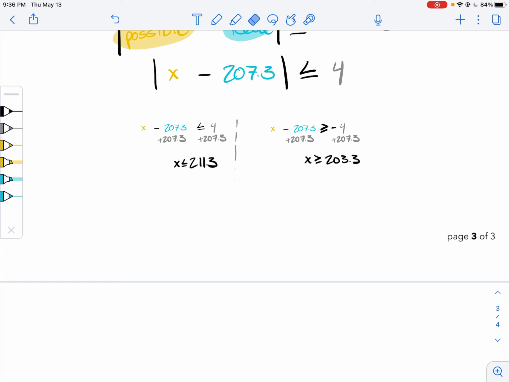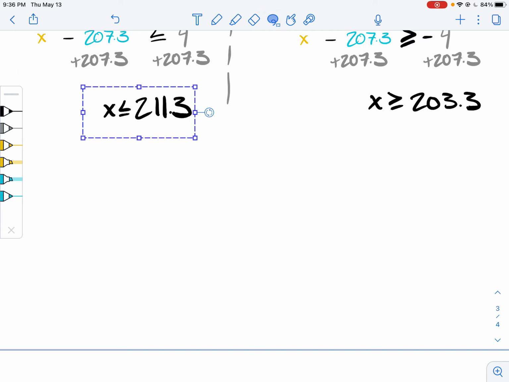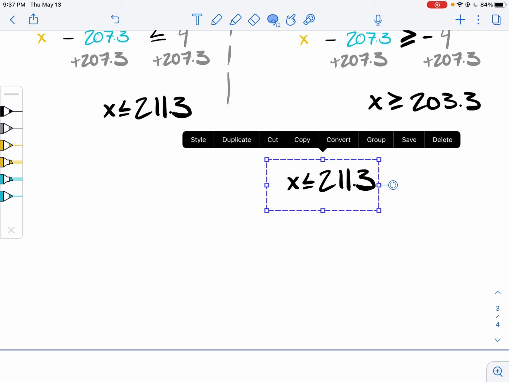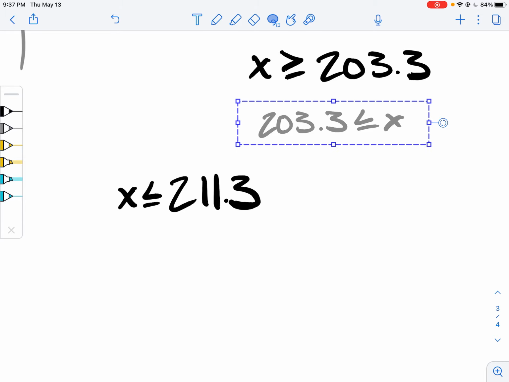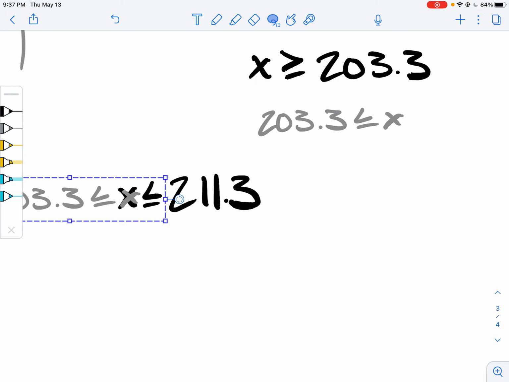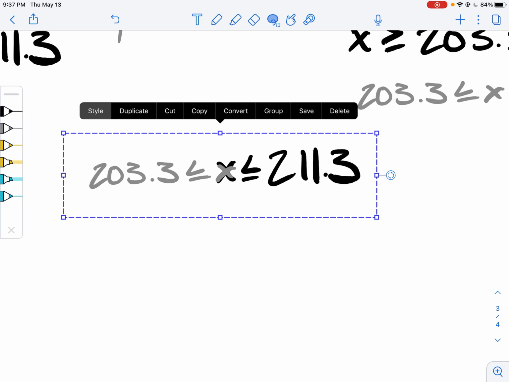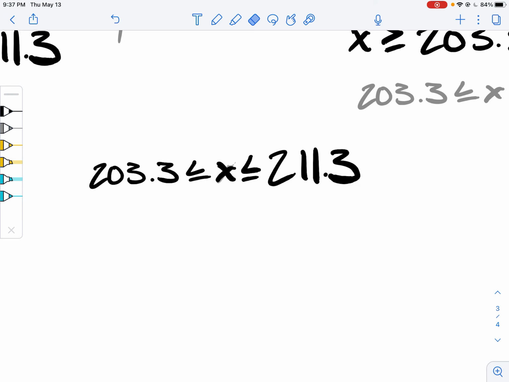So what does this mean? Well, if Will has more than $211.30, that means he didn't give someone back the change that they need. Oh no. But on the other hand, if Will has less than $203.30, that means someone didn't give him enough money, or he gave back too much change.